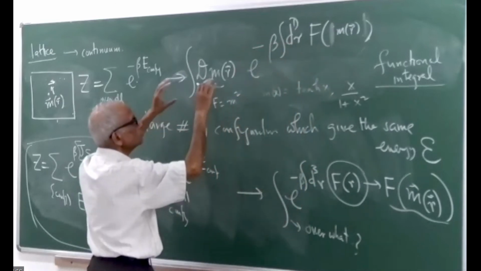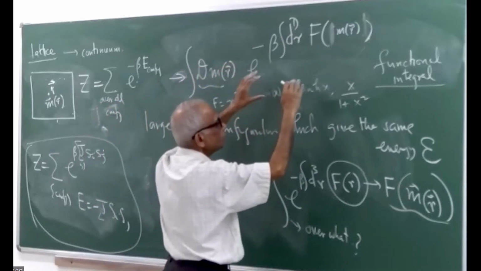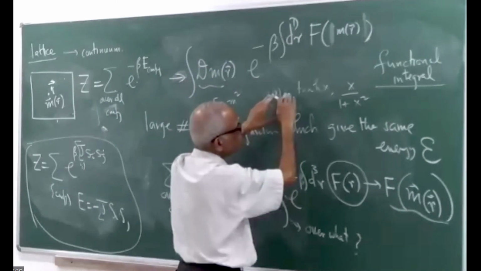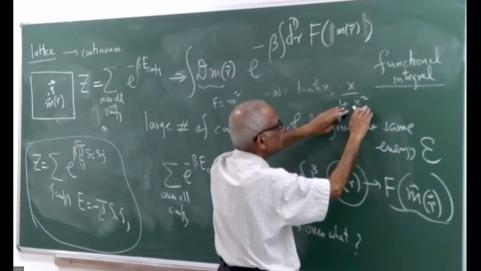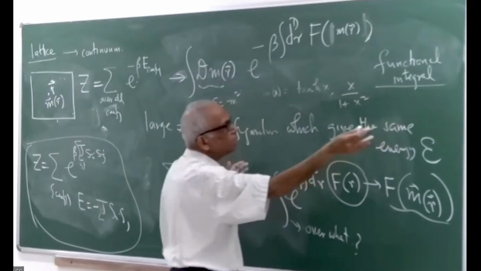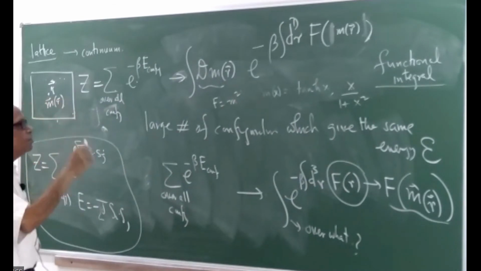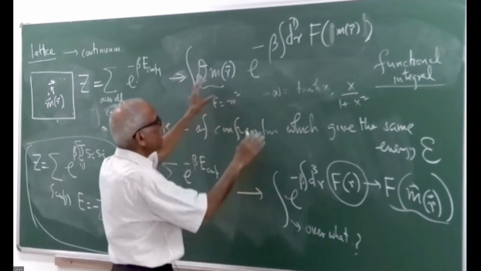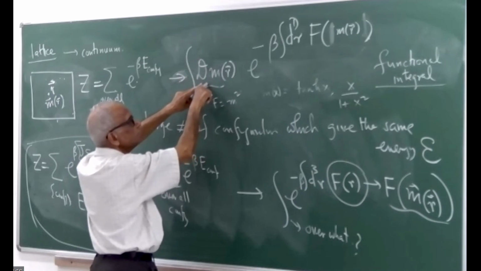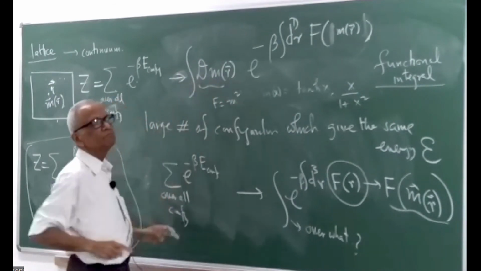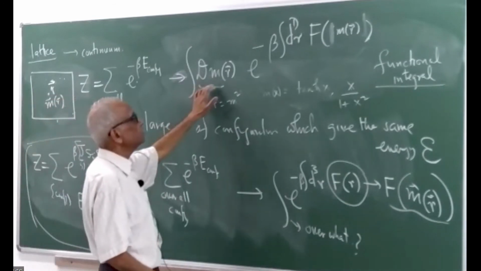So for m of x equal to tanh x, there is a number. For m of x equal to x over 1 plus x squared, there is a number. Similarly, for all the m of x's of this world, there is a number, and those numbers have to be added up. That adding up is an integral which is written like this, for which the differential is written like this.